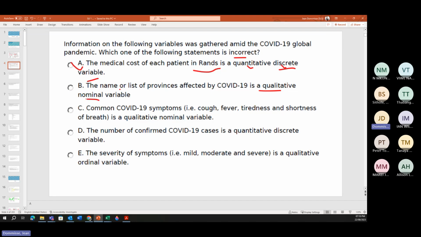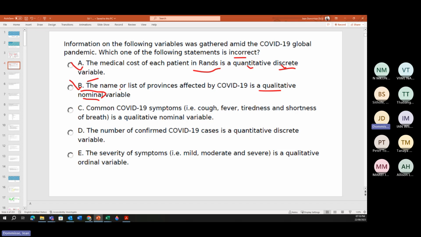And it is nominal because nominal is the one that has no ranking. It would have been different if they said the name of the top 3 provinces affected most by COVID-19, then there is a ranking involved. But here we just list the provinces, so it is nominal. So that one is also correct.